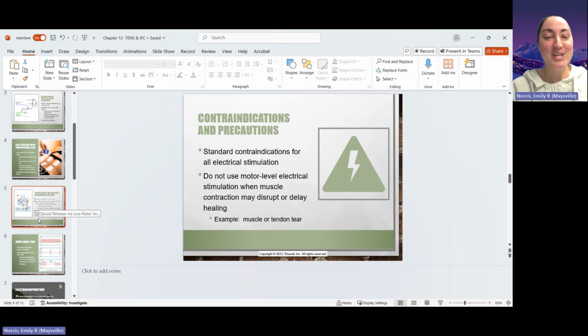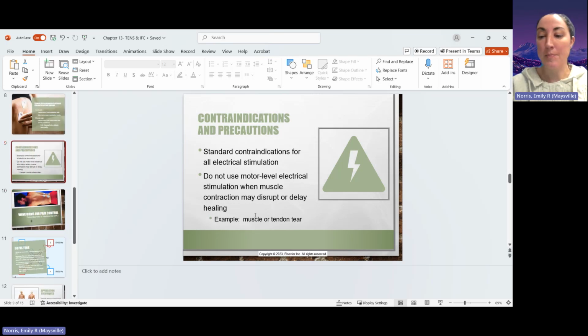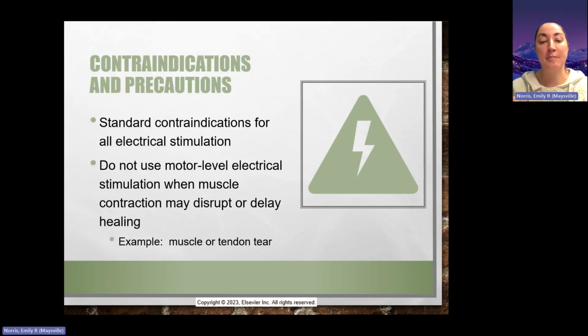You don't want to use that low rate TENS and create a muscle contraction in a muscle that is either torn or has just been surgically fixed, because you don't want to disrupt or delay that healing. So if the tissues are really fragile and you could cause them to tear apart by creating a muscle response, then you certainly don't want to do anything that creates a muscle contraction there. So just be careful with patients who've recently had surgeries or are healing in the beginning stages.